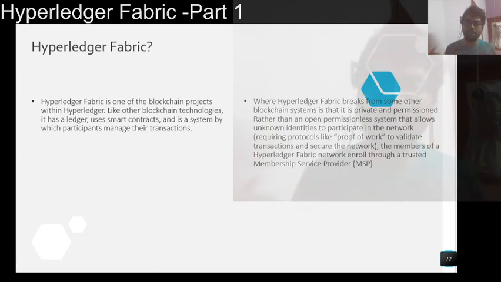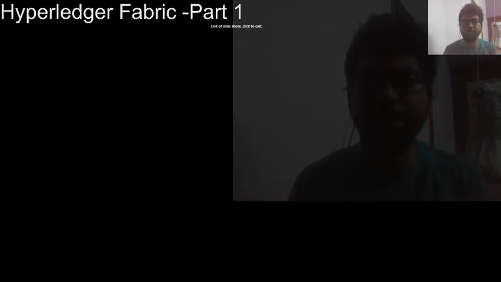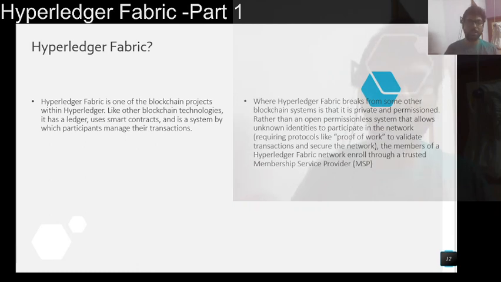Each one has their own membership provider, MSP, and each one has an MSP ID, and with the ID they get connected. We will see that later. Now we are entering the Hyperledger Fabric era. Okay, so this is part one.